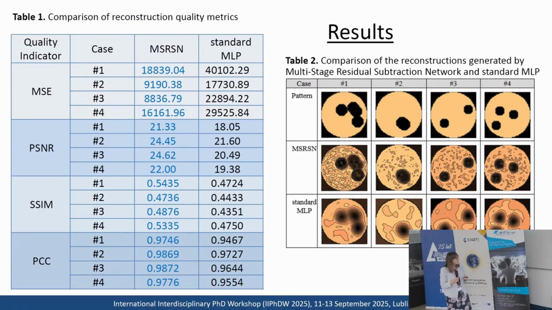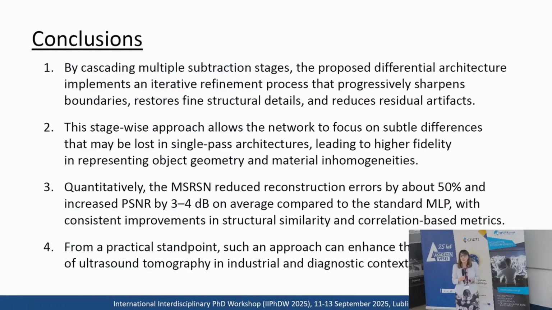And now it's time for conclusion. By cascading these multiple subtraction stages, the proposed differential architecture implements an iterative refinement process that progressively sharpens boundaries, but also restores structure details and reduces residual artifacts.